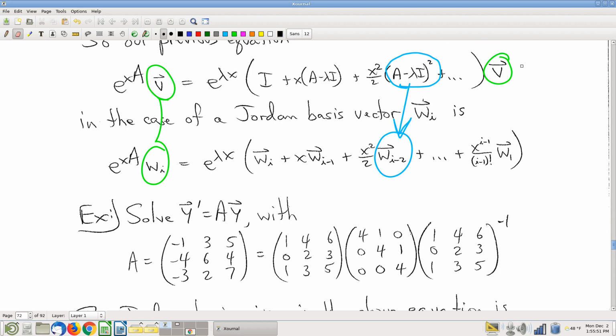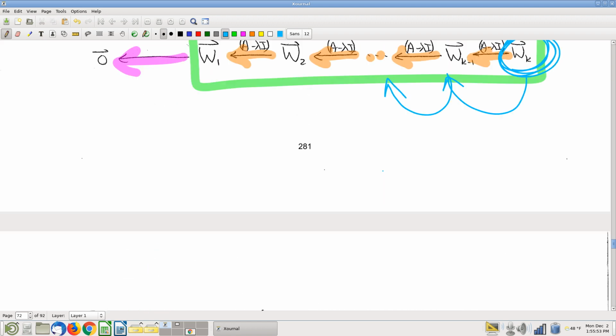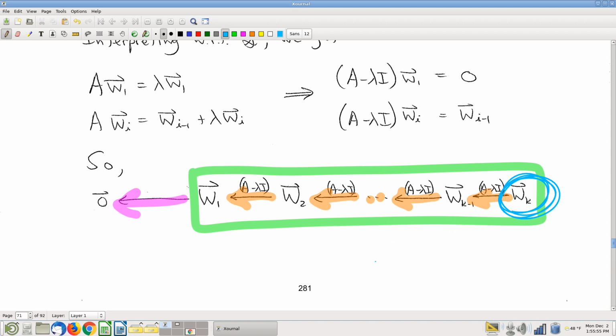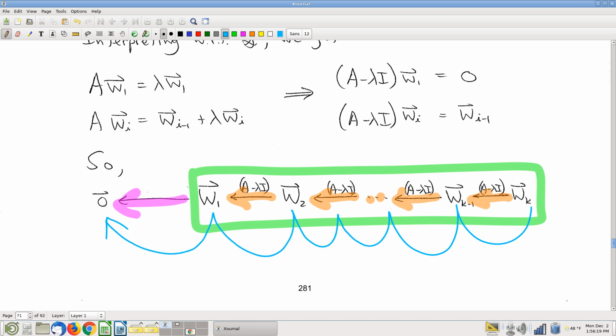Continues. So going back over here to this formula, eventually we'll be multiplying by A minus lambda I cubed, and then A minus lambda I to the 4th, and then to the 5th, etc. And eventually we're going to get W1, and then after that, notice we get 0.